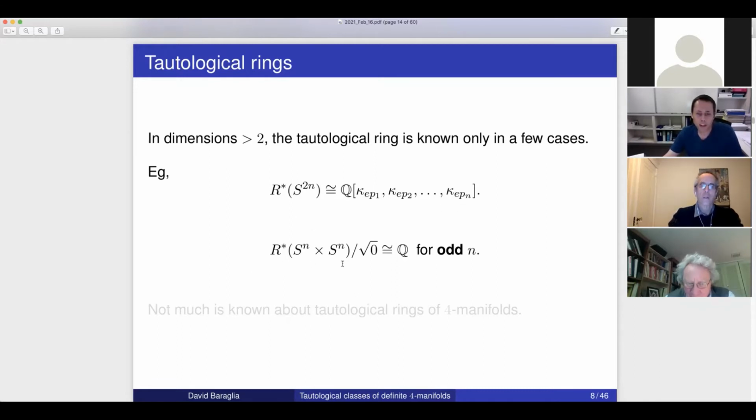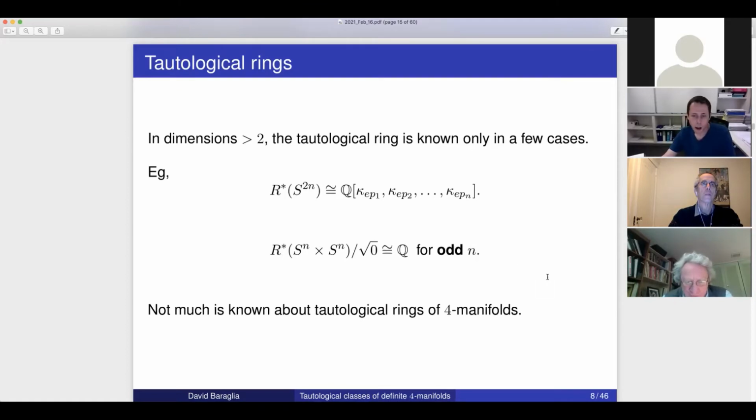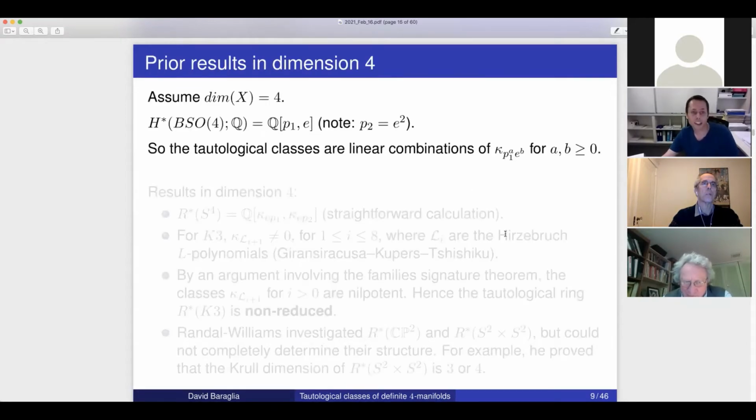If you take a product of n spheres where n is odd, then it's not known what it is, but if you take the reduced ring, so you mod out by the nilpotents, then you just get Q. And if we look at 4-manifolds, then not much is known. So I'll tell you now what is known about dimension 4.